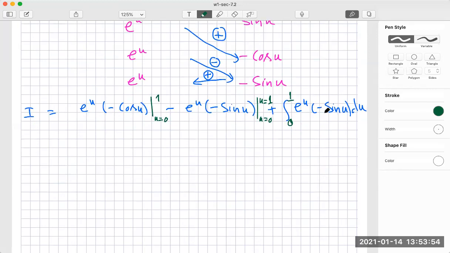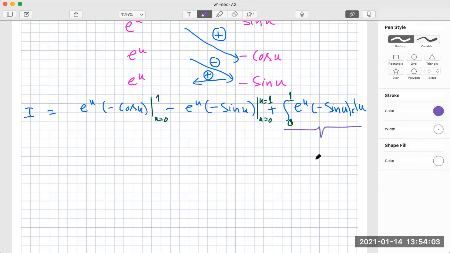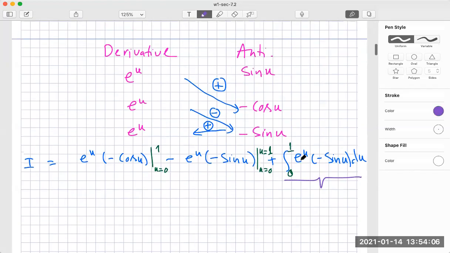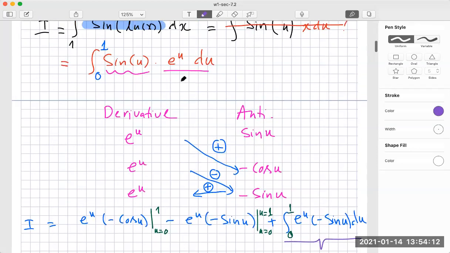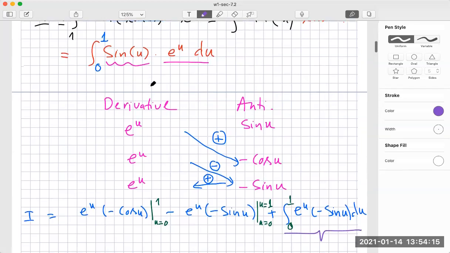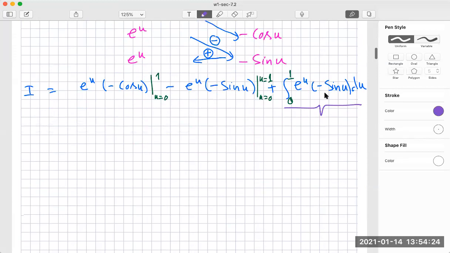Okay, this guy, what is it? This is the integral from 0 to 1 of negative e to the u sine u. Let me rewrite it to make it clear. It will be negative e to the u cosine u, from u equals 0 to u equals 1.